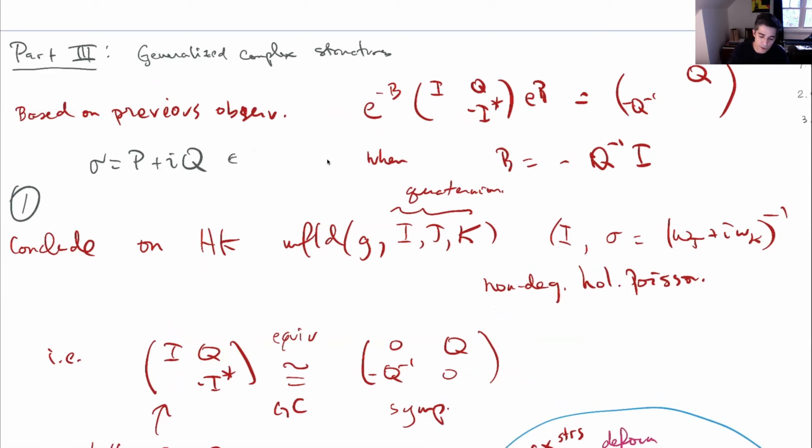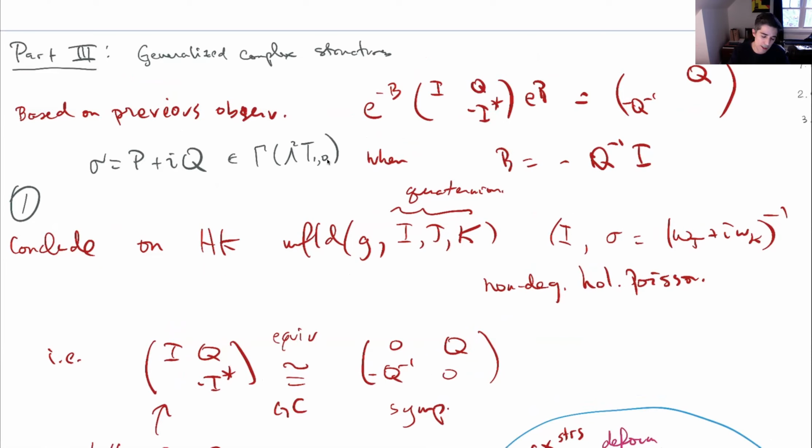This is a section of wedge 2 T10, so it has a specific type, a 2-0 type. And that implies that to travel between P and Q, you have to use the complex structure. P determines Q, Q determines P.